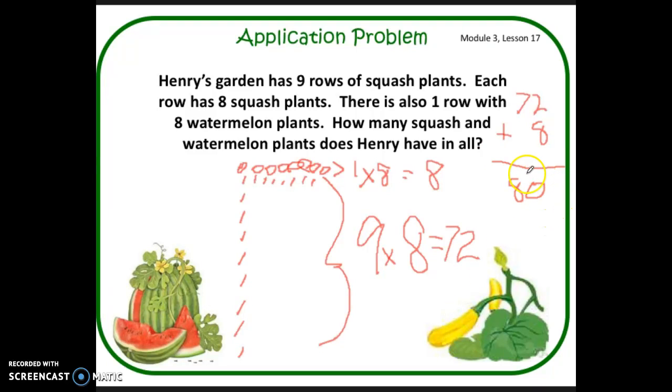All right, boys and girls, you should have gotten 80. Henry has 80 plants in all.